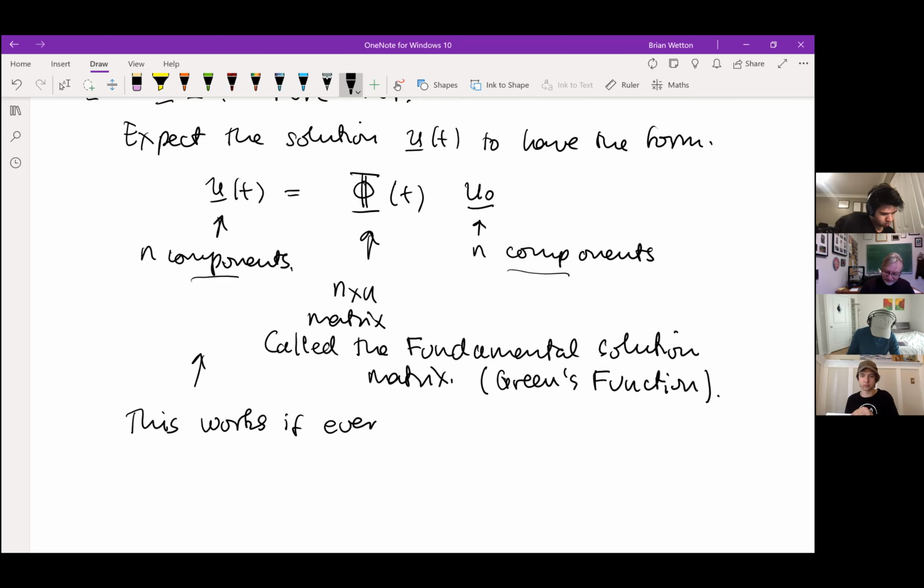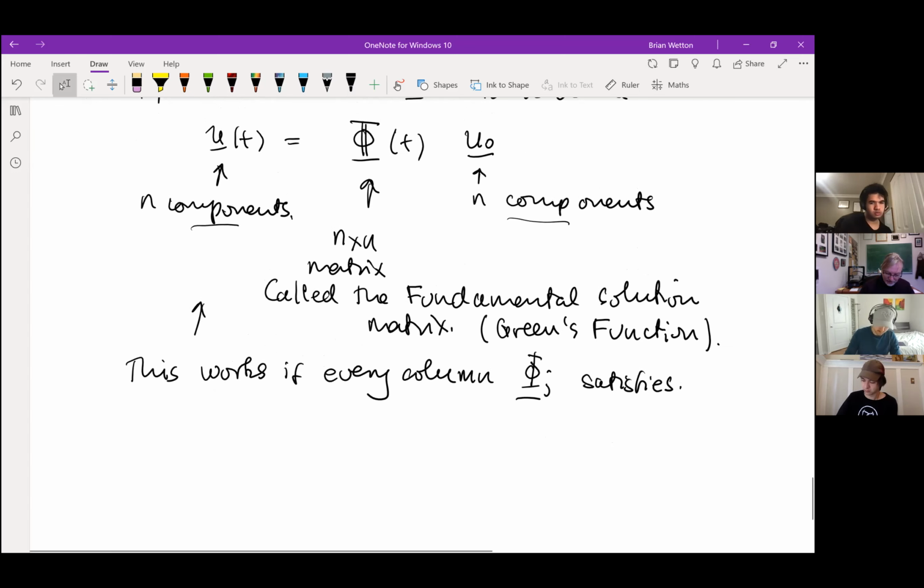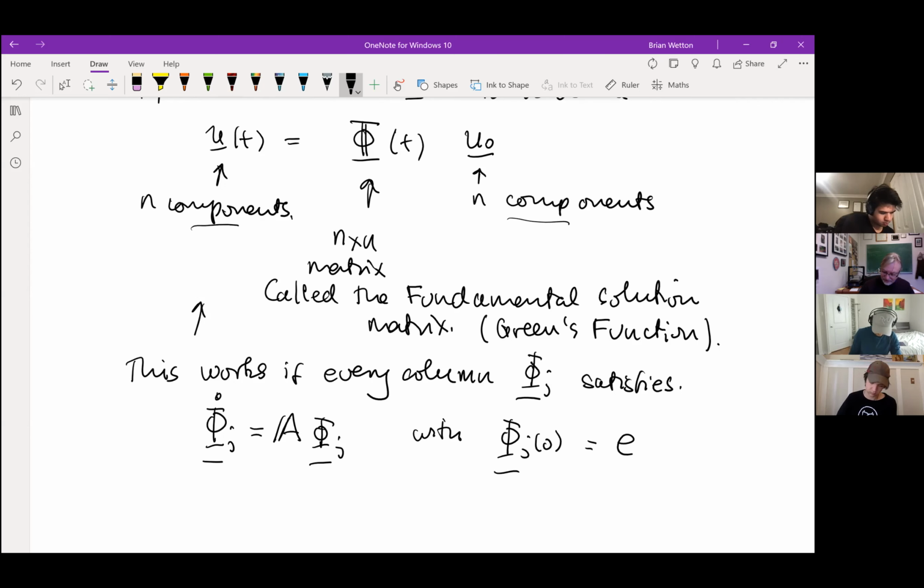If every column, so I'm going to have the jth column of the matrix, right? So it's a vector, satisfies the differential equation with initial data that's one of the standard basis vectors.